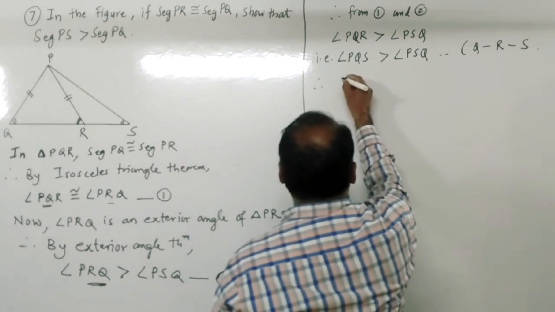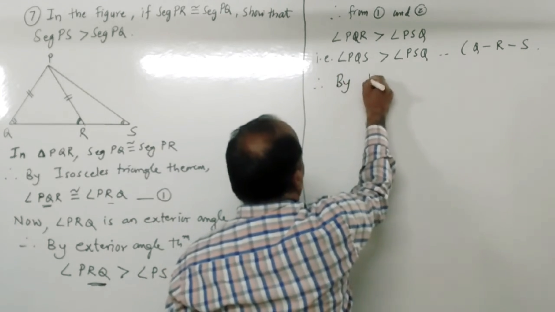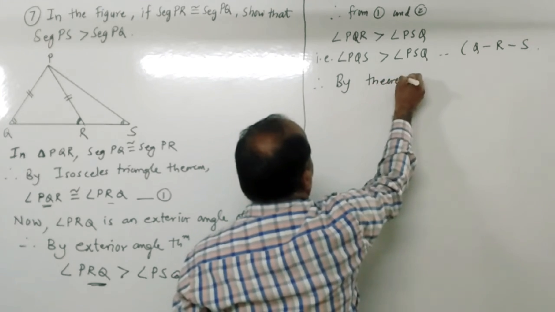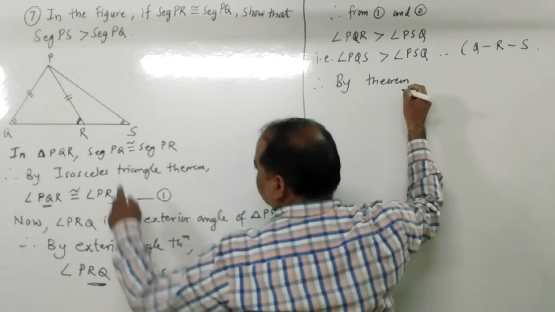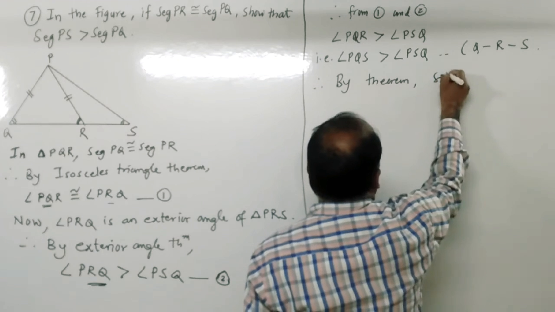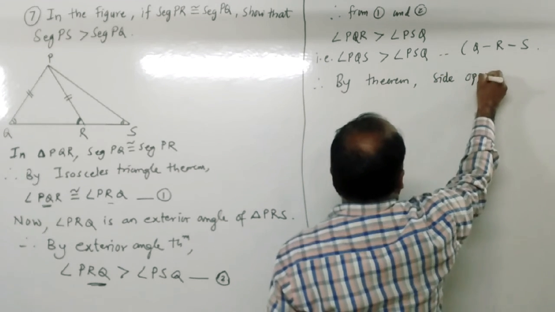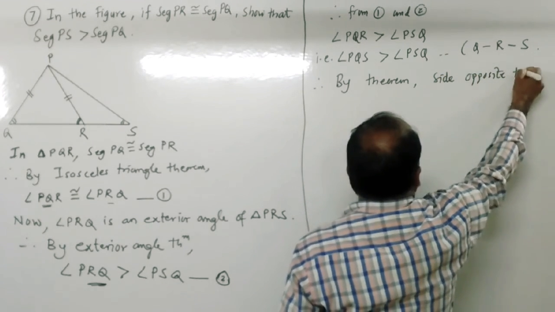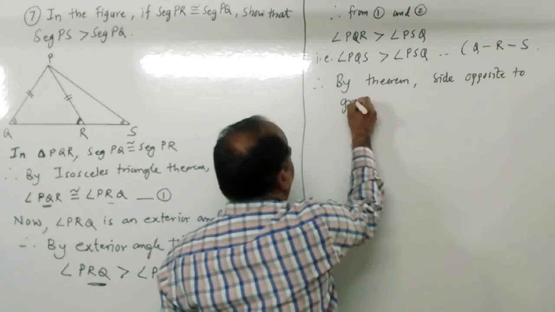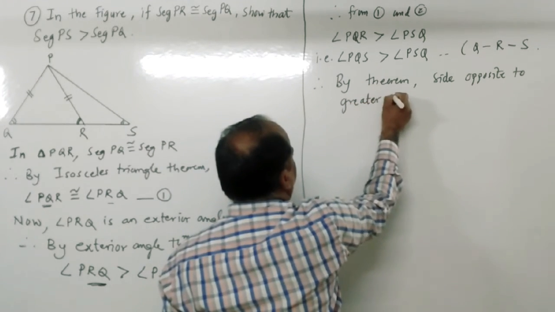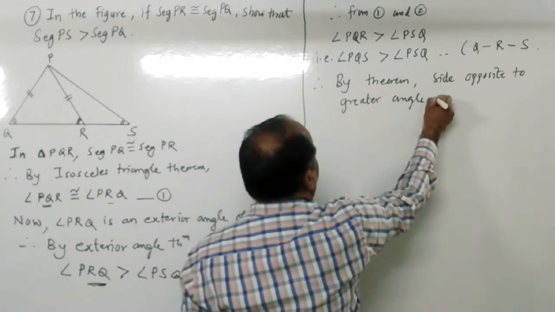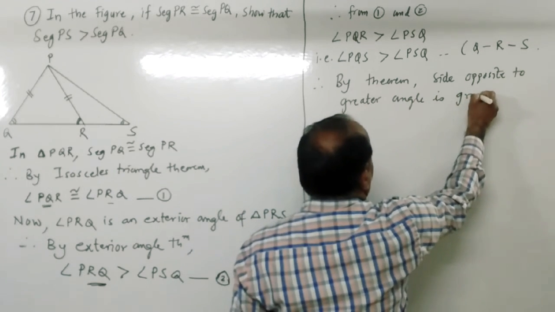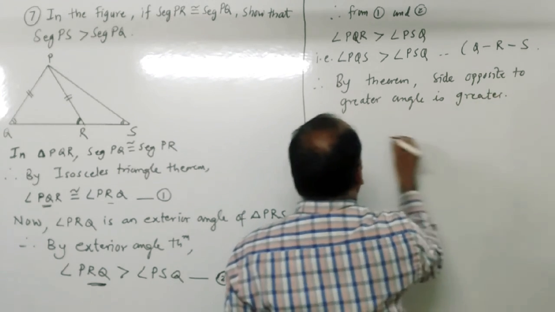So here by the theorem, the side opposite to the greater angle is greater.